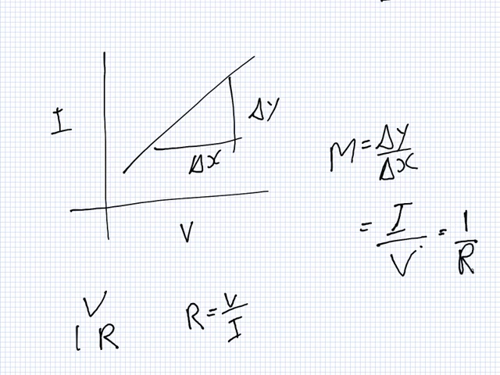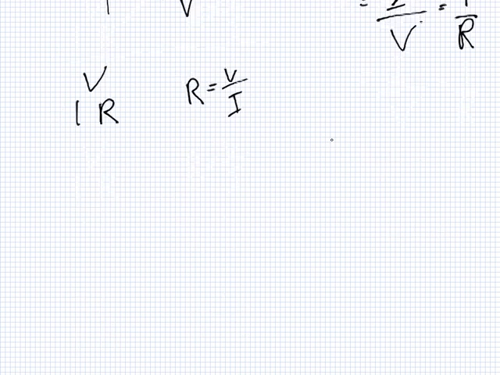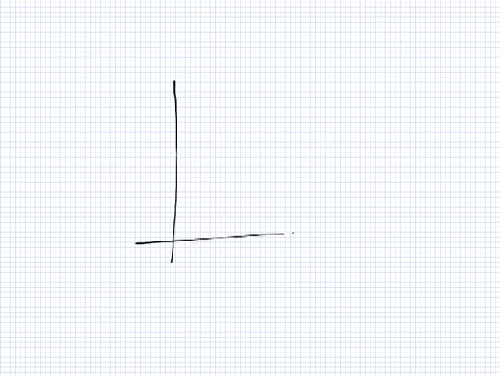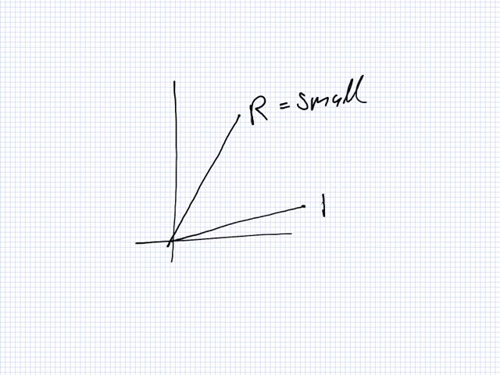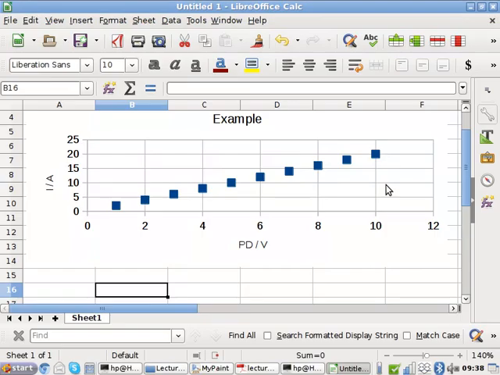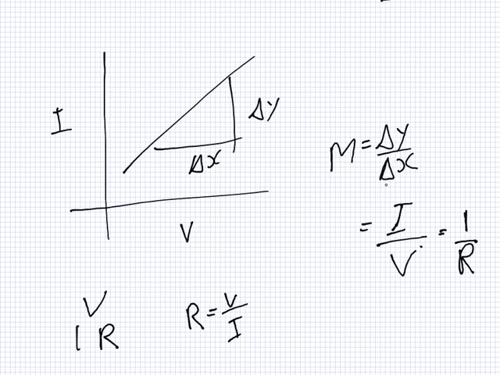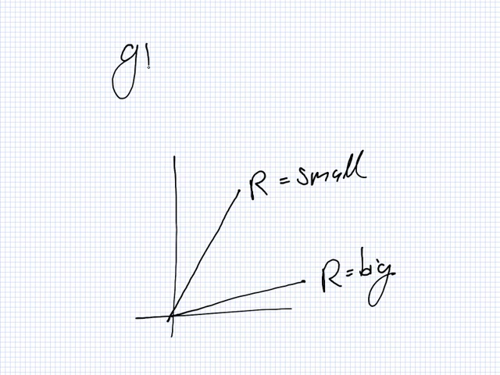So in other words, when the slope is big, the R is small. And when the slope is small, the R is big. Okay? Is that okay? So that's what the slope represents. So actually, I think it's worth writing that down, that the gradient, the slope, is equal to 1 over R for this graph.